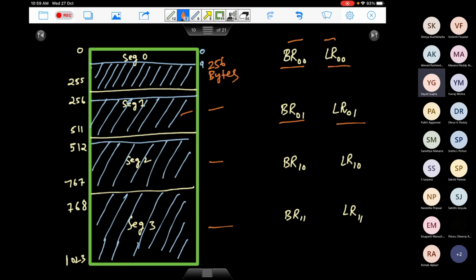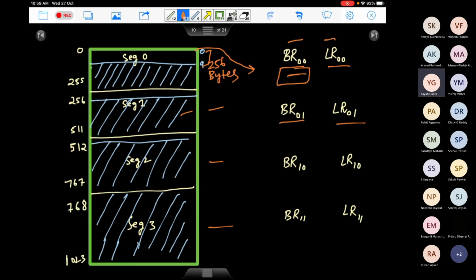Right. So what will be this base register entry here? Wherever you are going to load segment 0 in the memory, the physical memory address will be in the base register corresponding to segment 0. What will be the limit register for segment 0? 10, right? So only 10 bytes are in use.